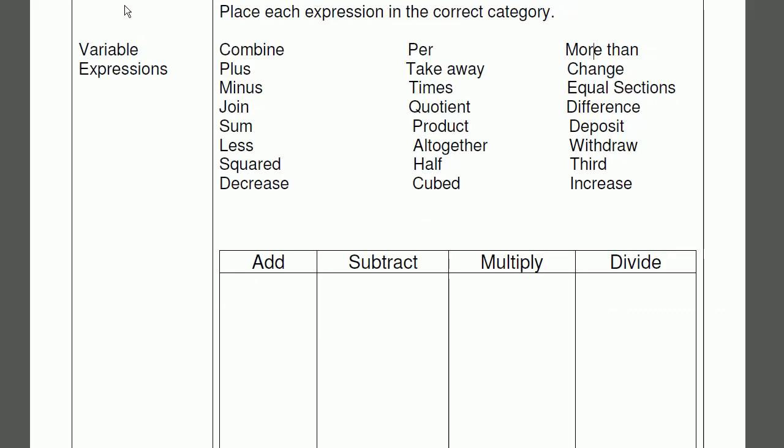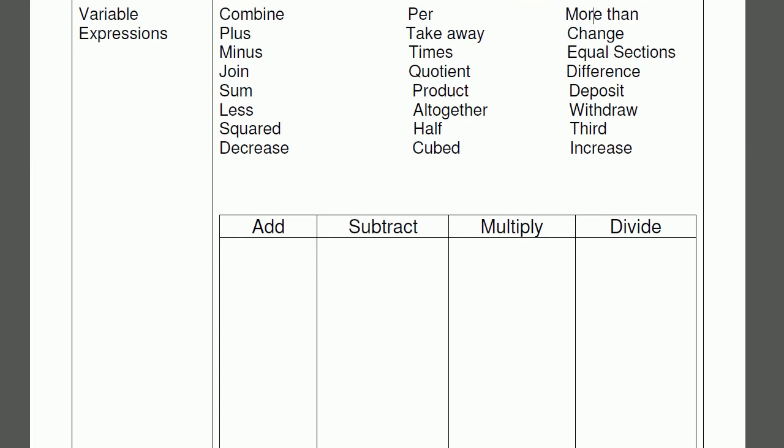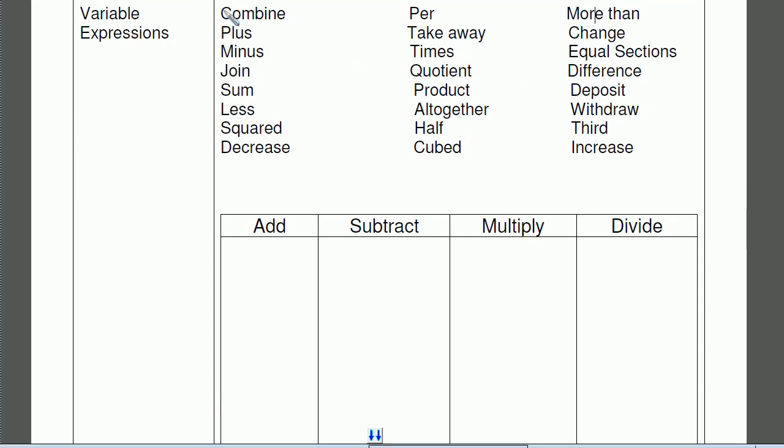Let's see if I can get a zoomed in window here where I can see all of these. Well, I can see most of them right there. Okay, let's try that. So we're going to ask about the word combine. Combine means to add. So combine would go right here. Plus, that's also add.